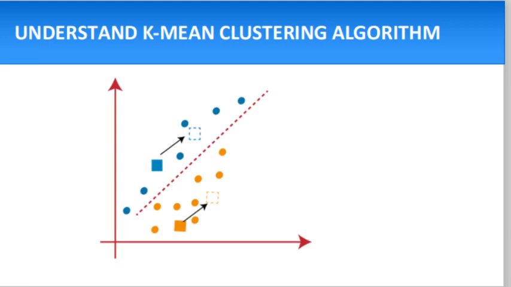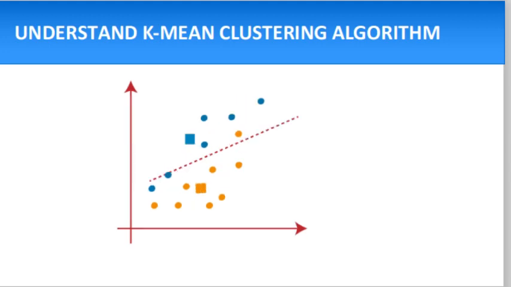As we need to find the closest cluster, we will repeat the process by choosing new centroids. To choose the new centroids, we will compute the center of gravity of these clusters and find new centroids. Then next we will reassign each data point to the new centroid.